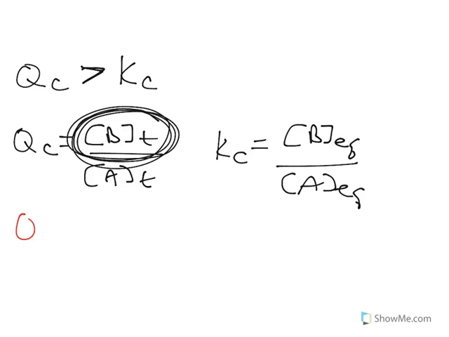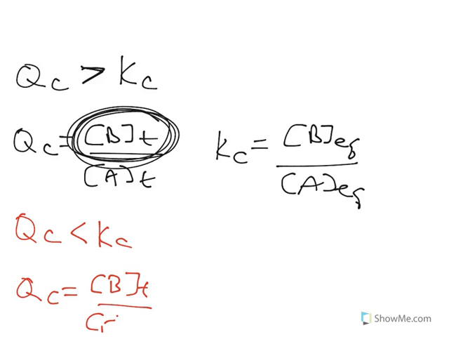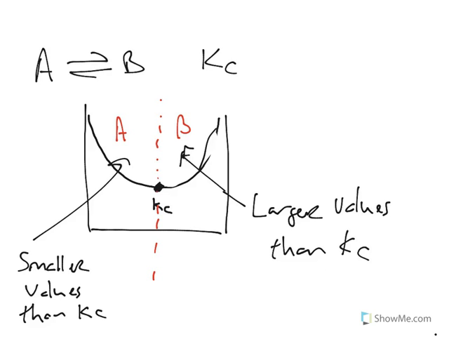The next scenario we can have is Qc happens to be smaller than Kc. If Qc is too small, that means we've got too much A, and we dropped our bearing over here somewhere, and it's going to roll down to Kc.